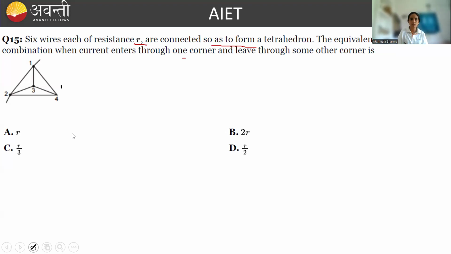So 6 wires हैं ना, सारे wires का resistance क्या दिया हुआ है? Equal. Current is entering at one end, leaving at another end. ठीक है? So the equivalent resistance of the combination का क्या होगा? So if current is entering here and leaving here, it means we have to calculate R equivalent across 1 and 2, right? Battery is there.